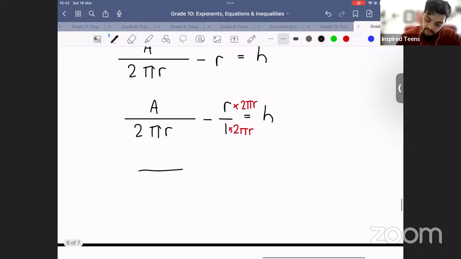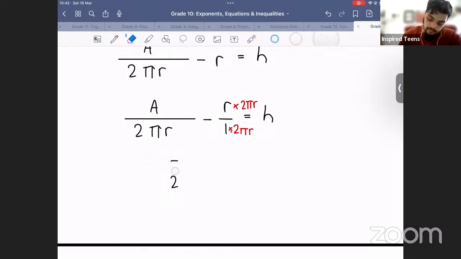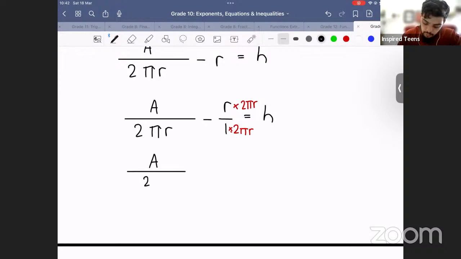And now you're going to have everything essentially over the same denominator, which is 2 pi R. You're going to have A. You keep the minus sign, and you're going to have, okay, let's do it step by step. You're going to have A over 2 pi R minus R times 2 pi R over 2 pi R. Now, please don't go and cancel that, because then you're just going to get back to what you had.